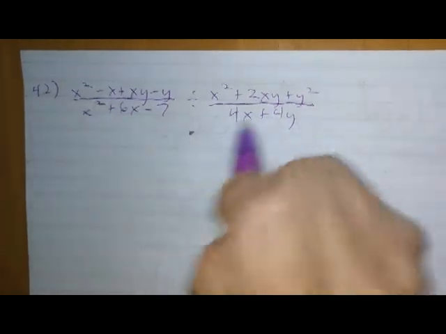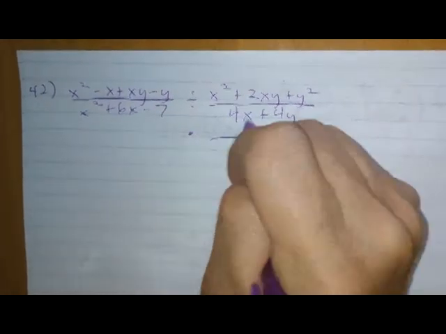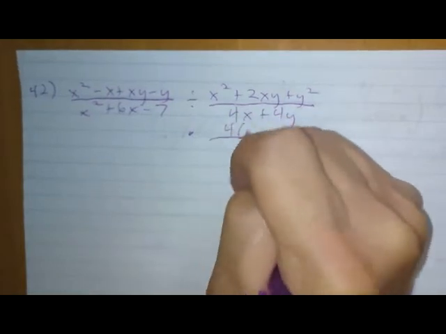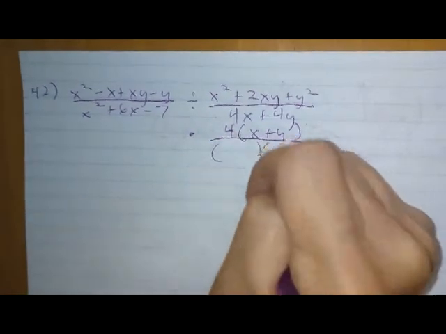Okay, so if I take the reciprocal, this goes on top. I'm going to factor out the 4, x plus y. This goes on the bottom. I'm going to factor it as well.